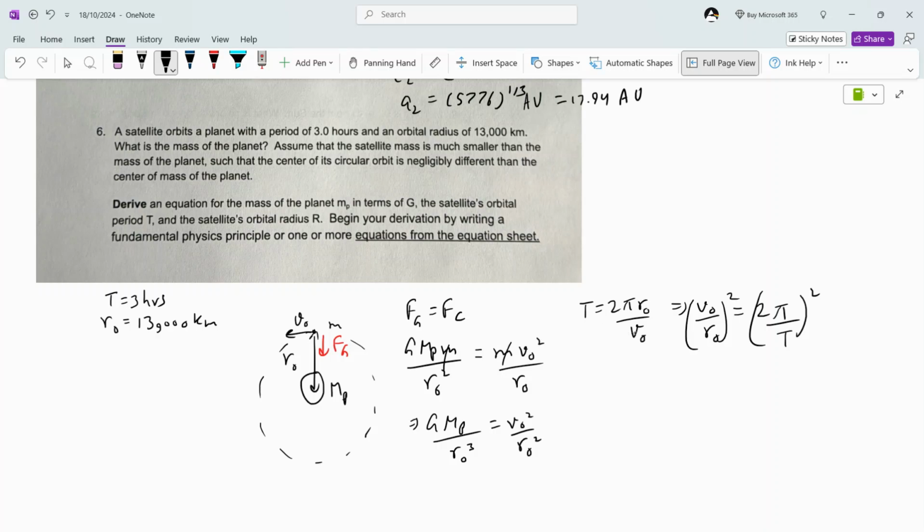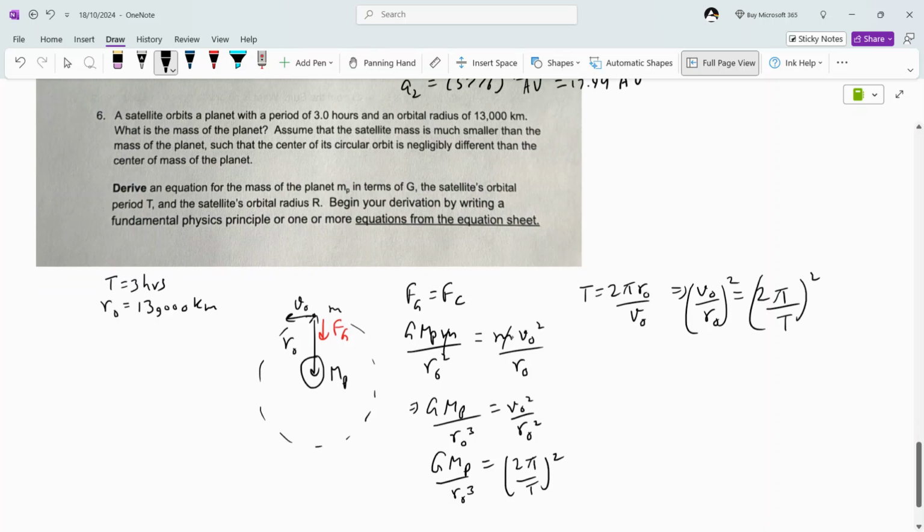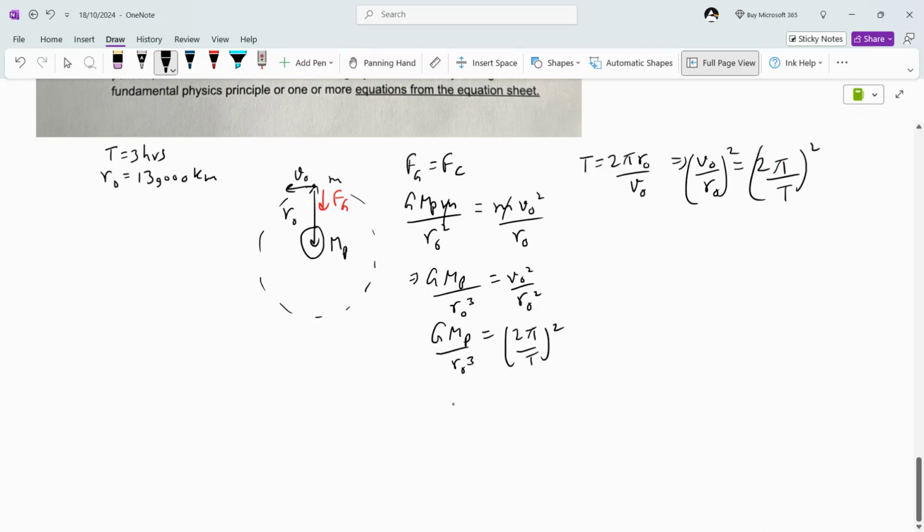Then I manipulated that to give me v0 by r0, which becomes 2 pi by T, and I have squared it. Why? Because in the first equation I am getting v0 by r0 square also. Then next step, G M planet by r0 cube is equal to v0 by r0 square, which happens to be 2 pi by T whole square. Now I'm all set. Now I can find the value.